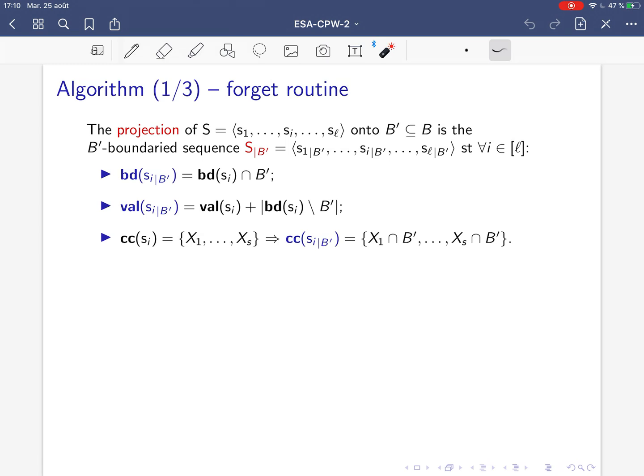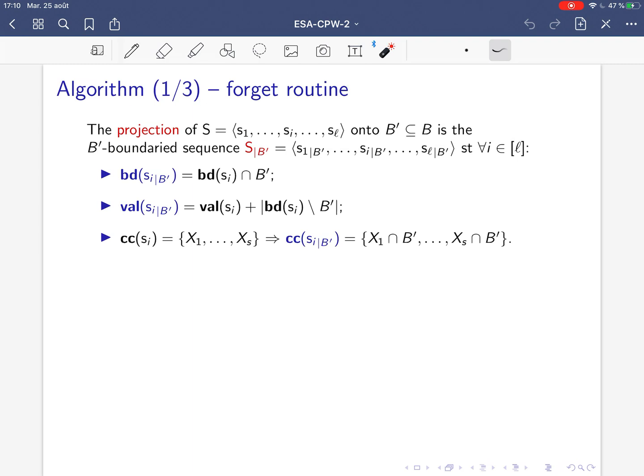So keep in mind that as input you have the graph together with a nice path decomposition of the graph. For the forget routine, this is fairly simple. For this we define the operation of projection of a B-boundaried sequence onto a subset B' of B. The triples of this projection are defined as follows.